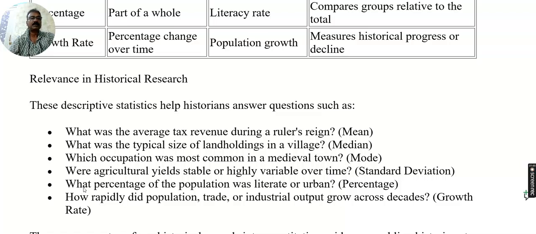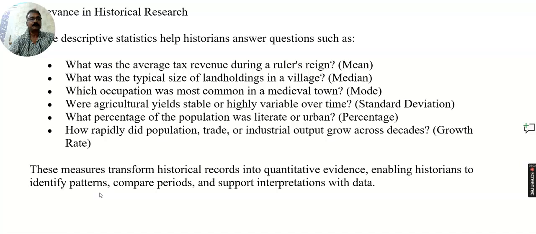When the research questions are like this, what percentage of the population was literate or illiterate, it will be percentage. How rapidly did population, trade, industrial output grow across decades, growth rate.